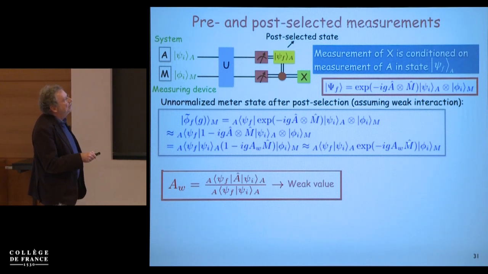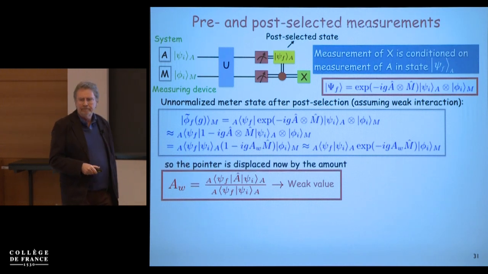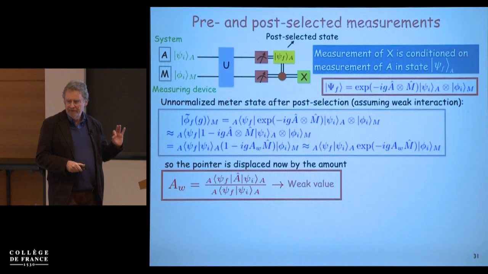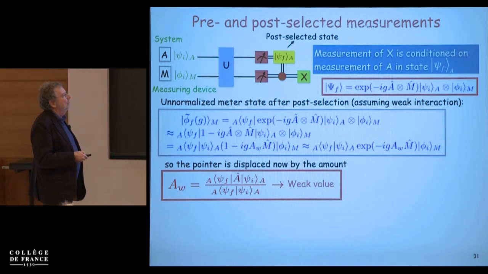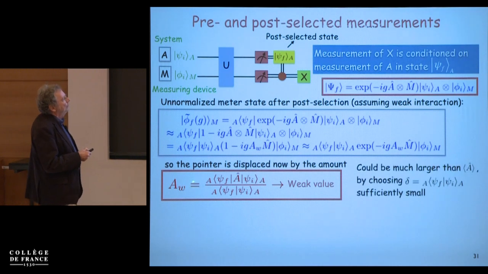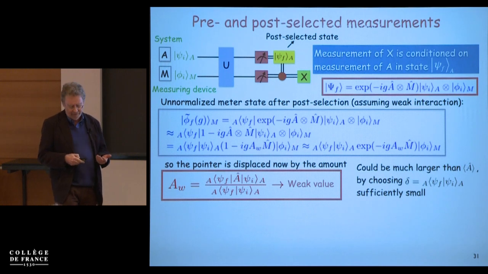And from here, you see now that this is a displacement of the pointer by the amount which is given by the weak value. Okay? Now, so that's the original idea. Of course, this could be much larger than the average value of A if this scalar product here is small enough. That is, if psi f is almost orthogonal to psi I.